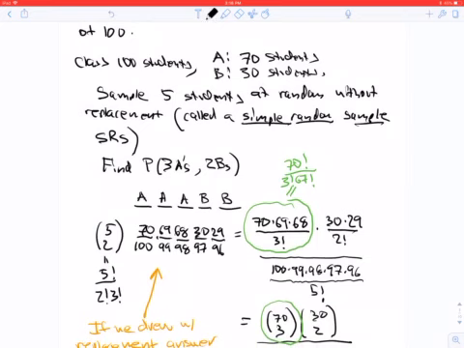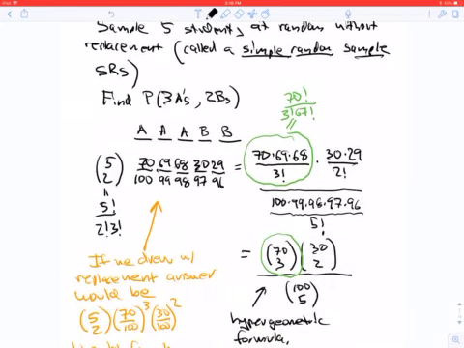So I'm going to proceed exactly like before. I write out in order my 5 students.